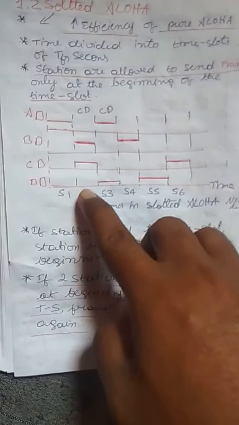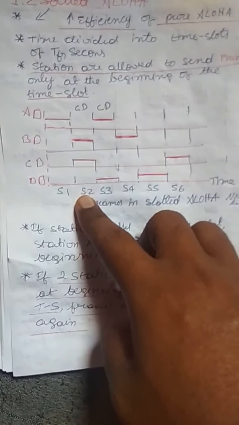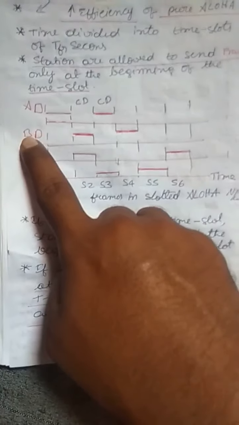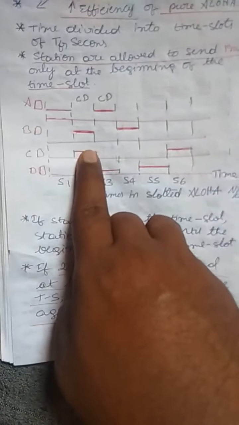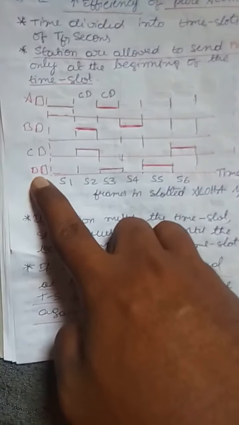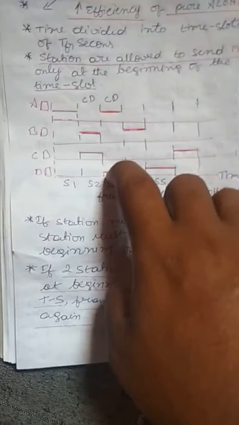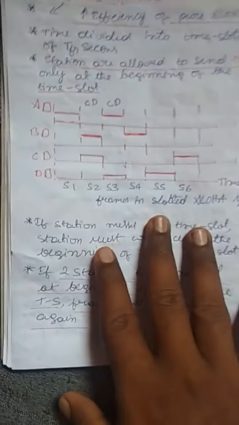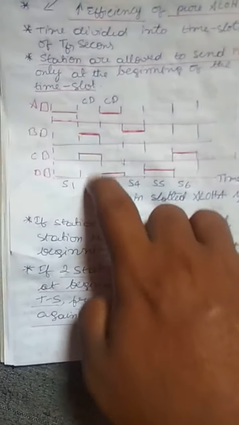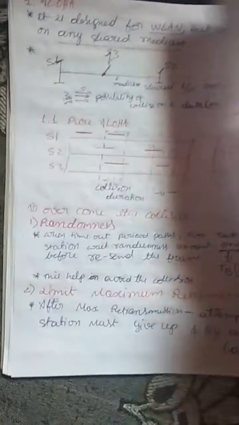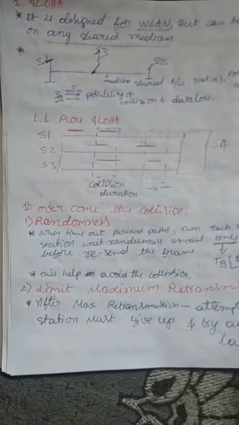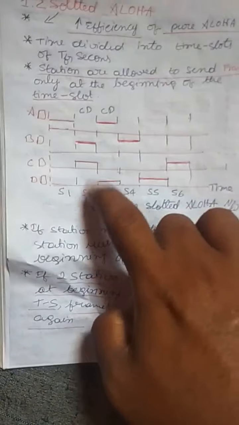You can see that in slot 3 there is a collision because station B is sending and station C is also sending frames. Here station A and station D also, so collision here and collision here. Here also there is a collision, but compared to pure Aloha, the collision is less.